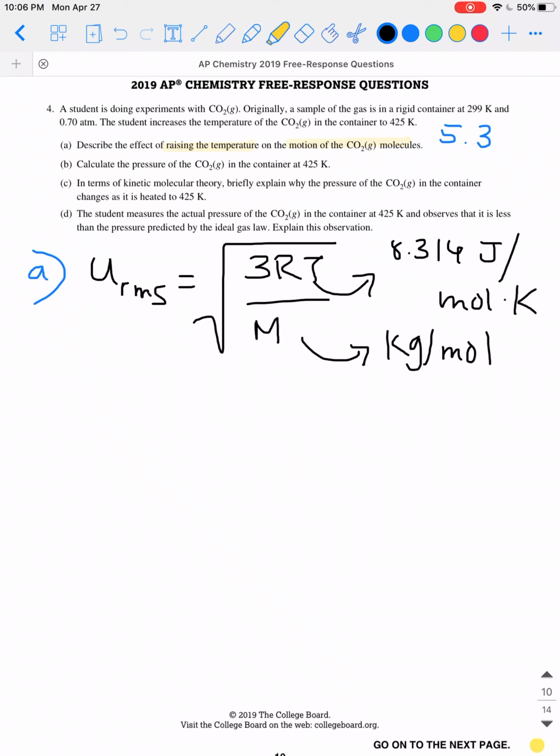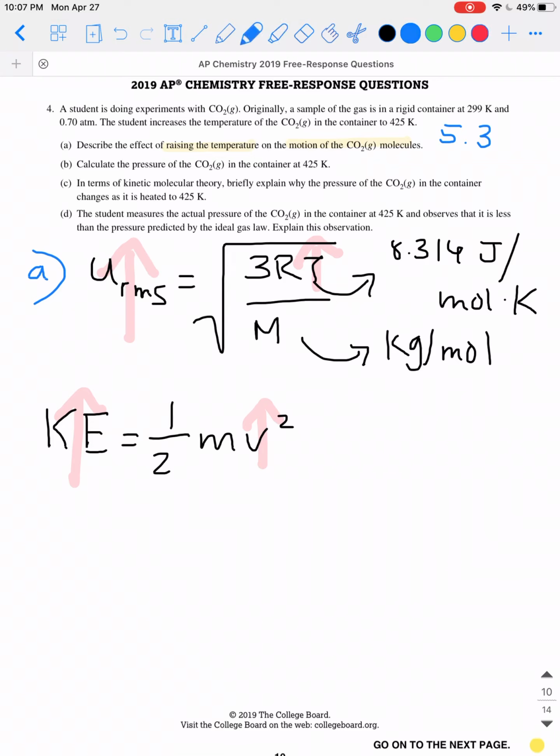So using this, you could see that if you increase the temperature, you also end up increasing the speed of the CO2 molecules. You could also see this relationship through the kinetic energy formula, which is just 1/2 mv squared. So if you increase the temperature, you also increase velocity.